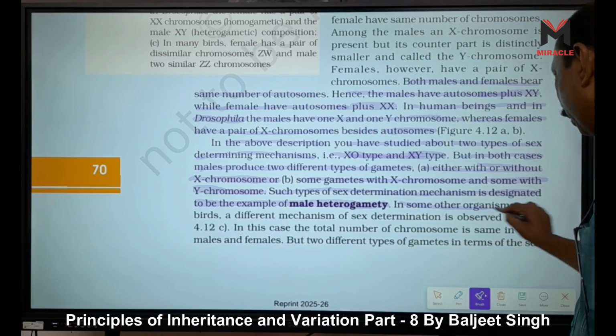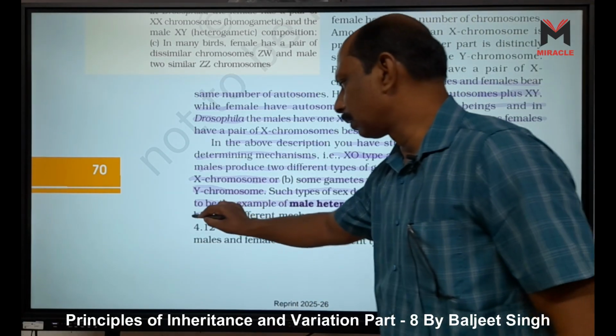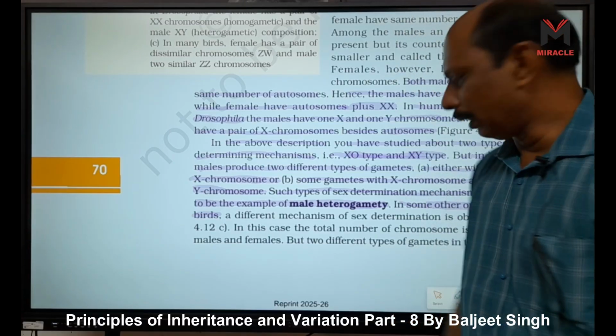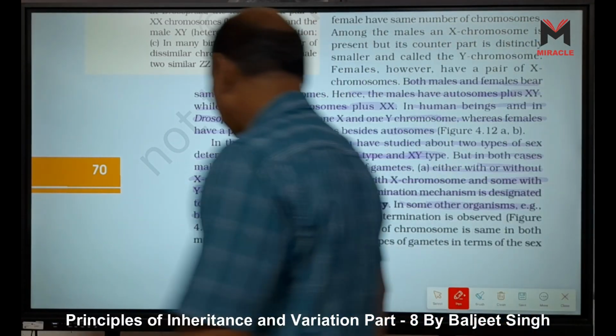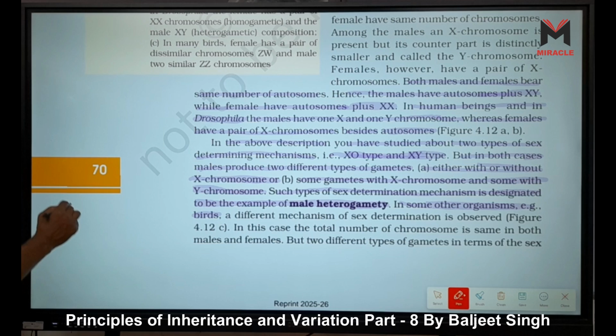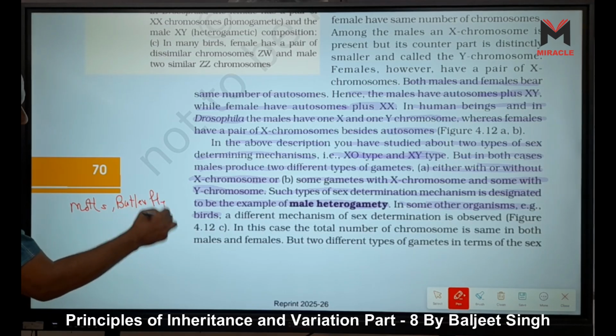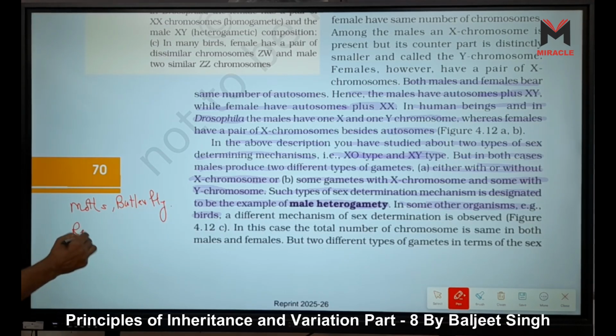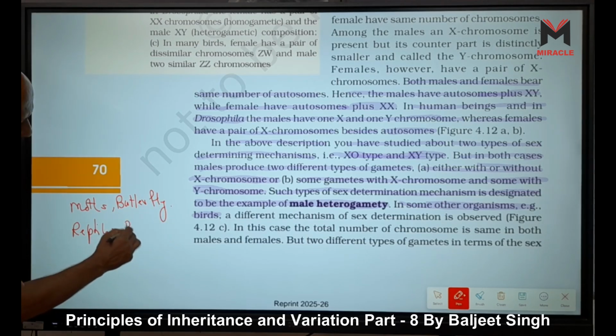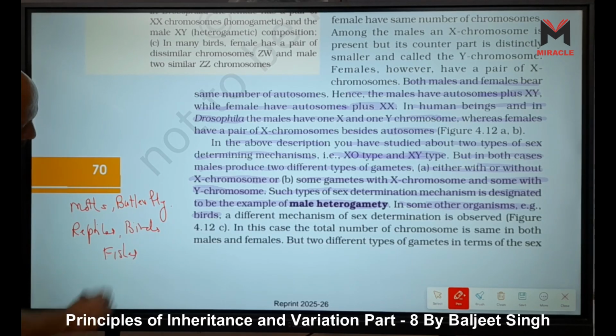In some other organisms, for example birds, and not only birds, we can see it in moths, moths meaning like butterflies, reptiles, then birds are also given here, and fishes.